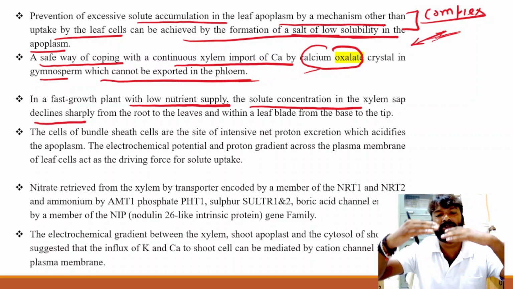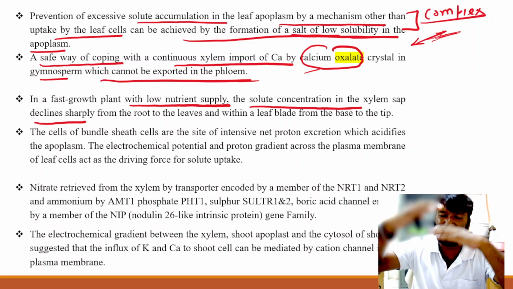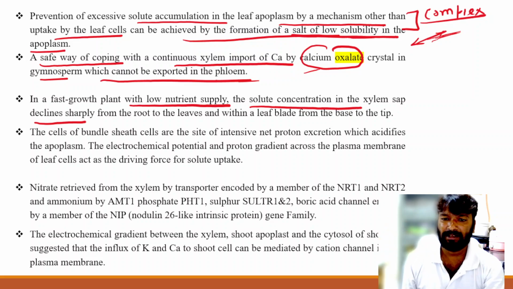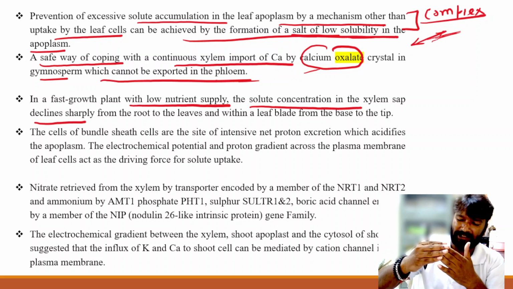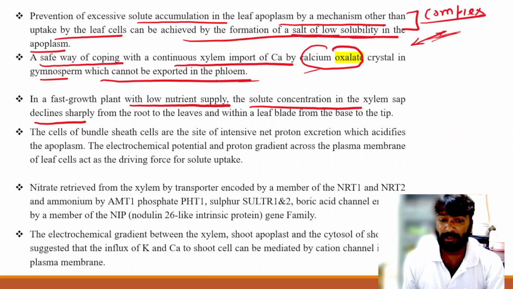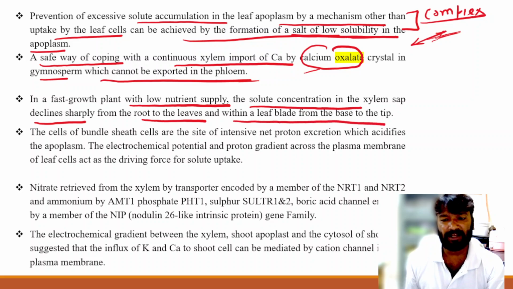Means a plant is growing quickly, but there will be a low nutrient supply. So what happens in this case? The solute concentration declines in the xylem sap from the root to the leaves, or within a leaf blade from the base to the tips.